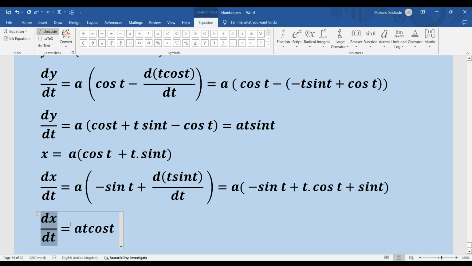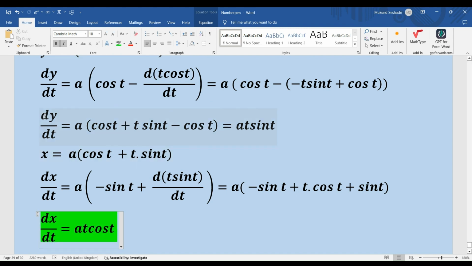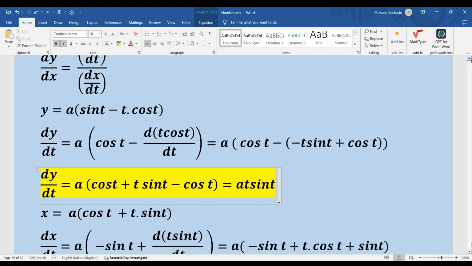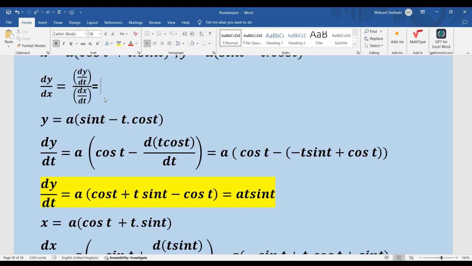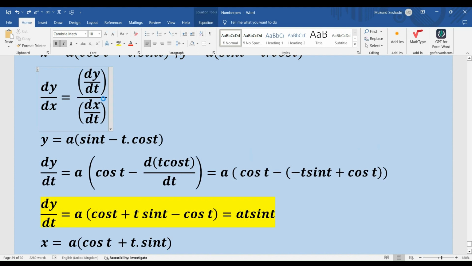So I have now with me my dx by dt. Let me highlight it in a color, say green. And then I have my dy by dt. Let me use a different color, say yellow. And then I go to my original dy by dx formula in terms of dy by dt and dx by dt, and then I substitute them with what I just calculated. So this is the yellow expression, which is a t sine t, which is my dy by dt.